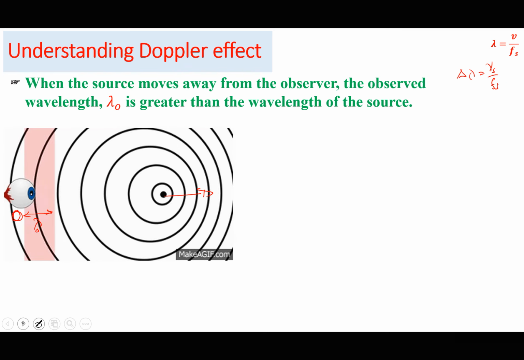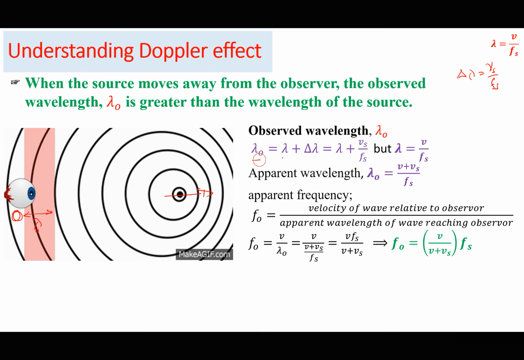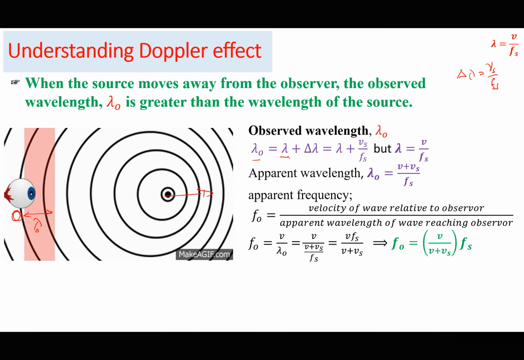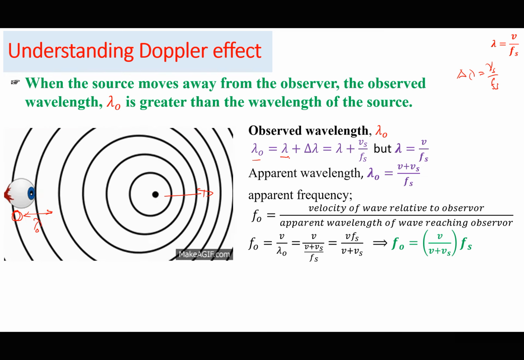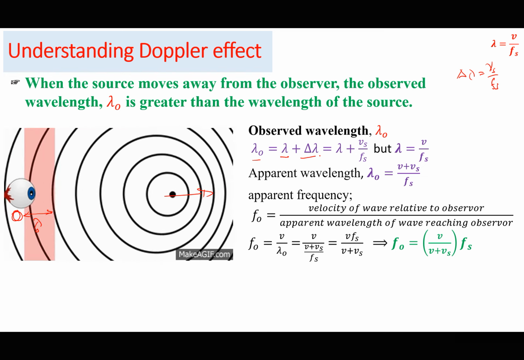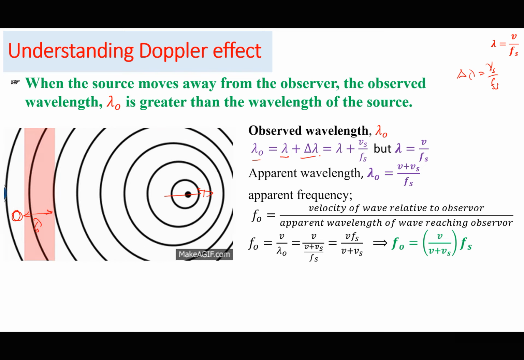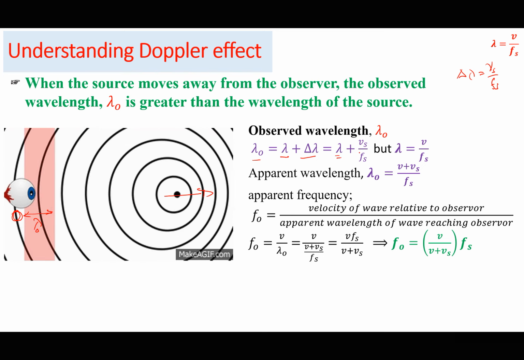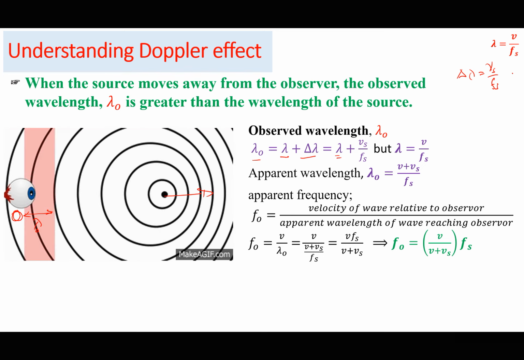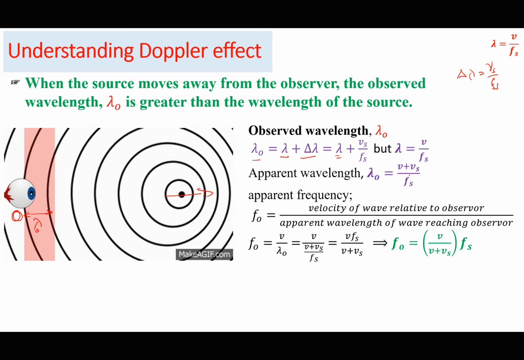So in this case, the observed wavelength lambda naught is going to be lambda, which is the normal wavelength if the source and the observer were stationary, plus the extra distance moved by the wavefront if the source is moving away from the observer. So when I substitute for lambda, remember lambda is V over Fs, and I find the LCM is Fs.